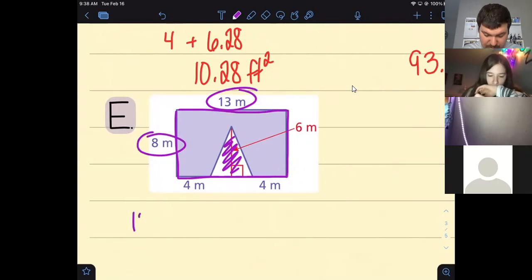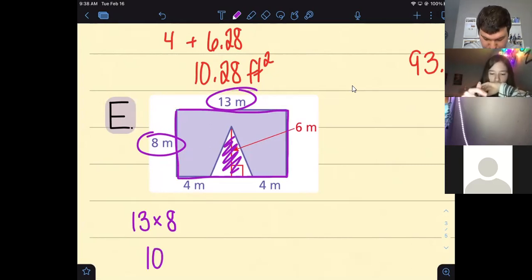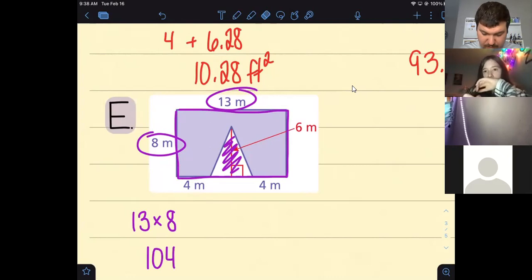So I would just do 13 times 8. That gave me the full area, which I know is going to be too much because they have a piece that's missing. But if we do 13 times 8, that gives us 104. Okay, so that's the area if the entire rectangle was there. But obviously, there's a part that's missing.